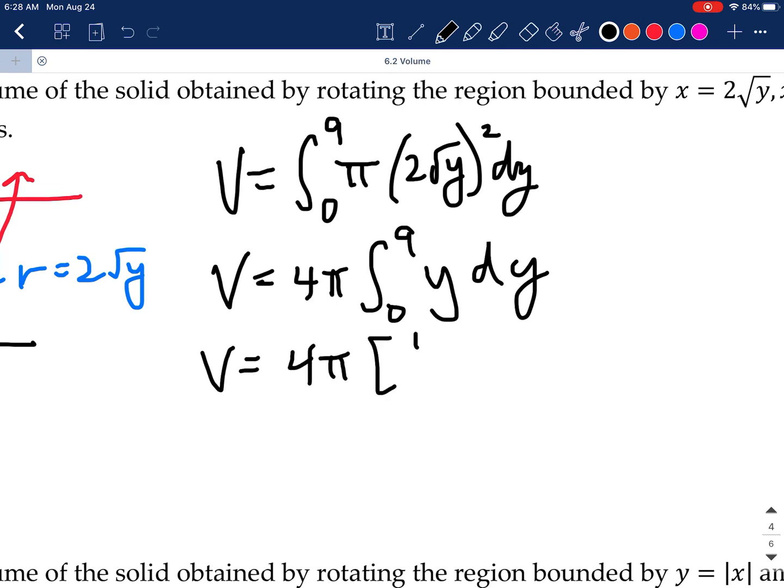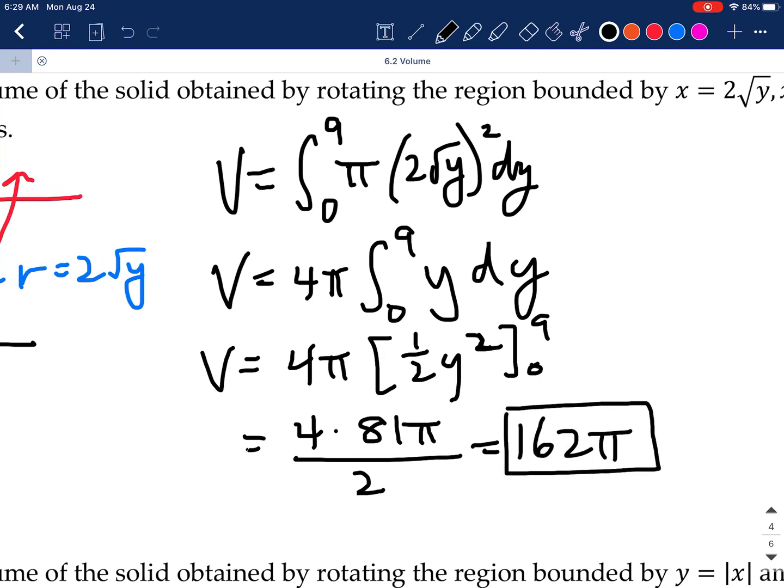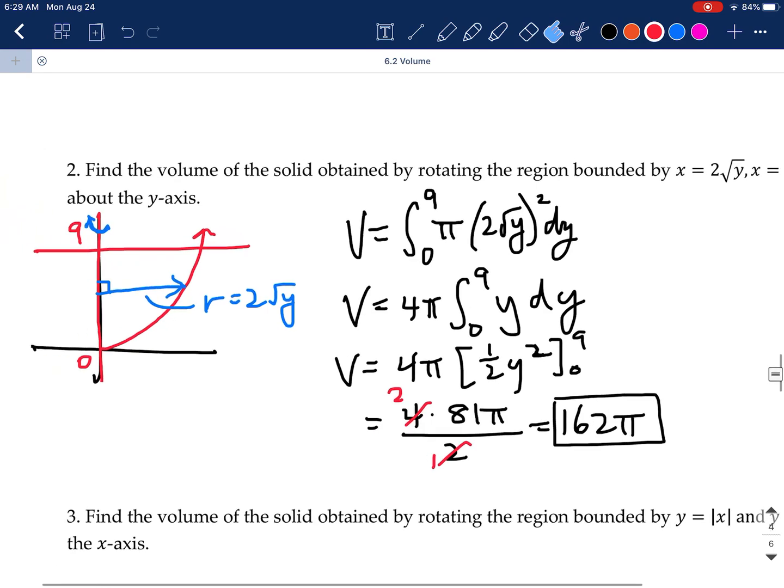So we'll have 1/2 y squared from 0 to 9, which is going to be 4 times 81 pi all over 2. So I think it's 162 pi, because these will cancel and multiply by 2.